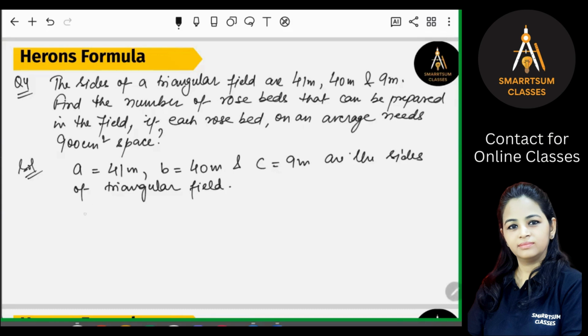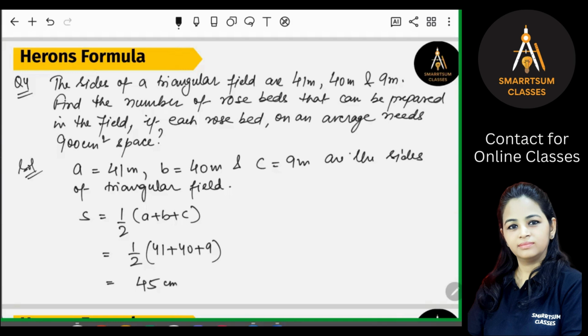Now we can find out S. S is half of the perimeter, A plus B plus C divided by 2. So this is equal to 1 by 2 into 41 plus 40 plus 9, which is equal to 45. So S, the semi-perimeter, is equal to 45 meter.